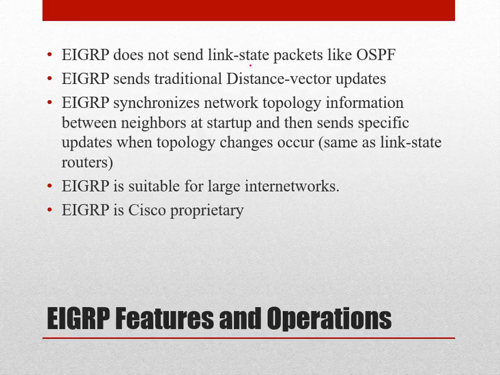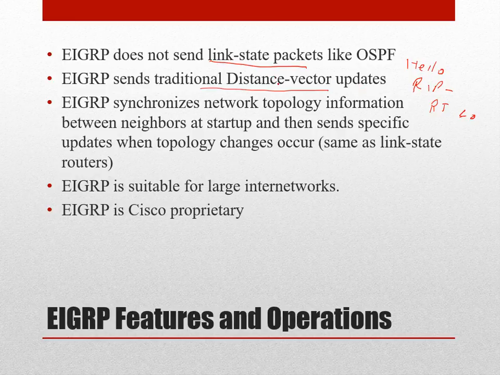It does not send link state packets like OSPF. It does send hello packets, though, and finds its neighbors. It sends traditional distance vector updates, sort of, because RIP sent the entire route table every 60 seconds.